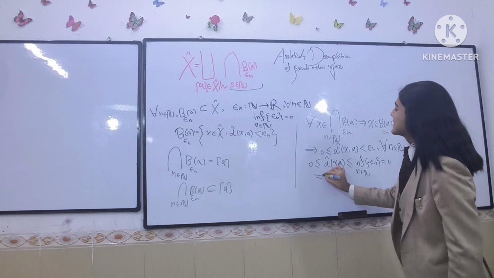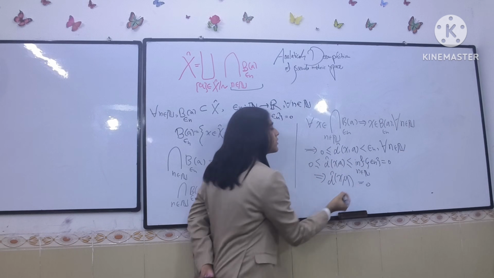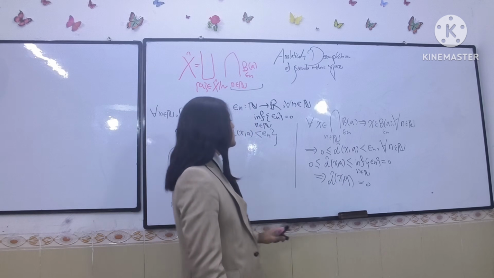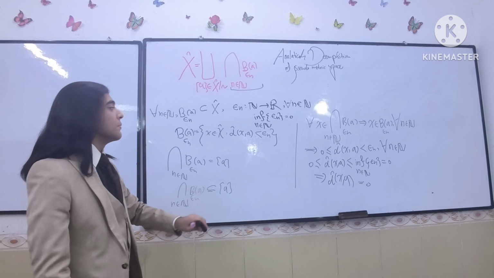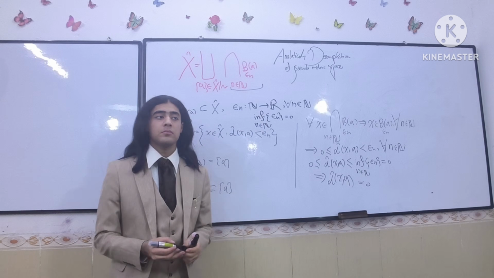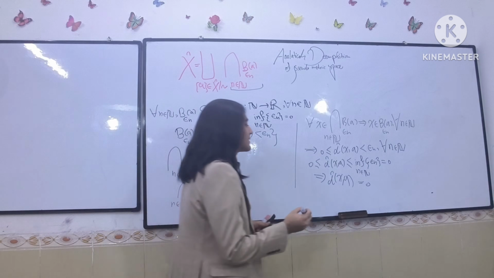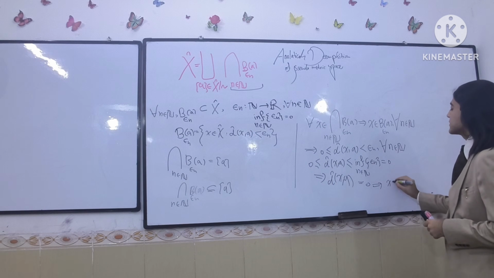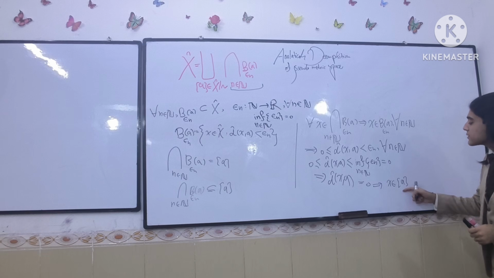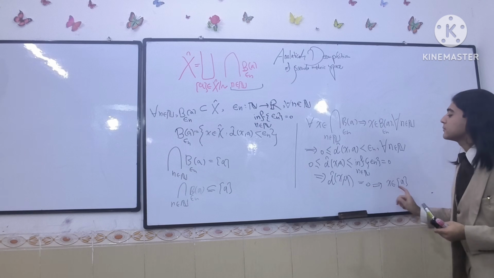So it's less than or equal to 0 and greater than or equal to 0. That means d(x, a) is equal to 0, which means x is an element of the equivalence class of a by the definition I wrote before.